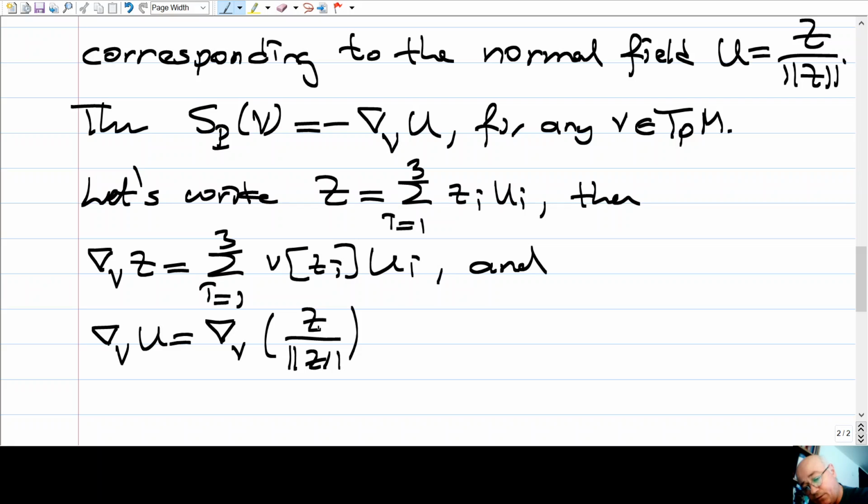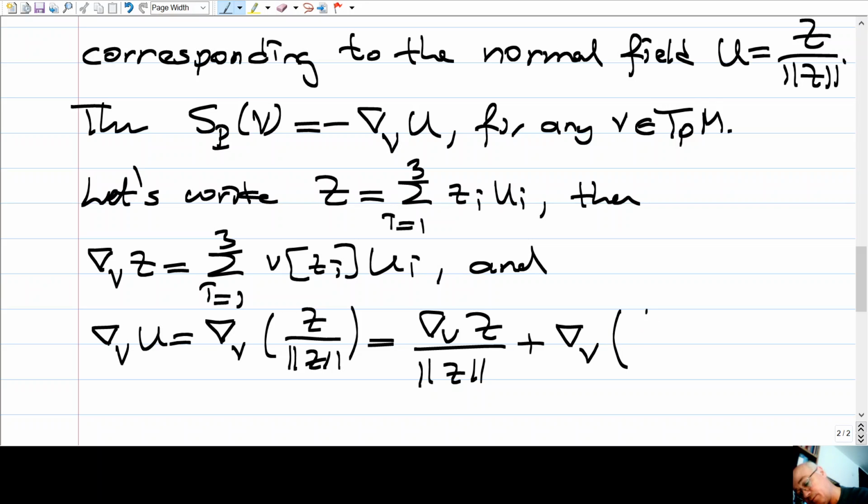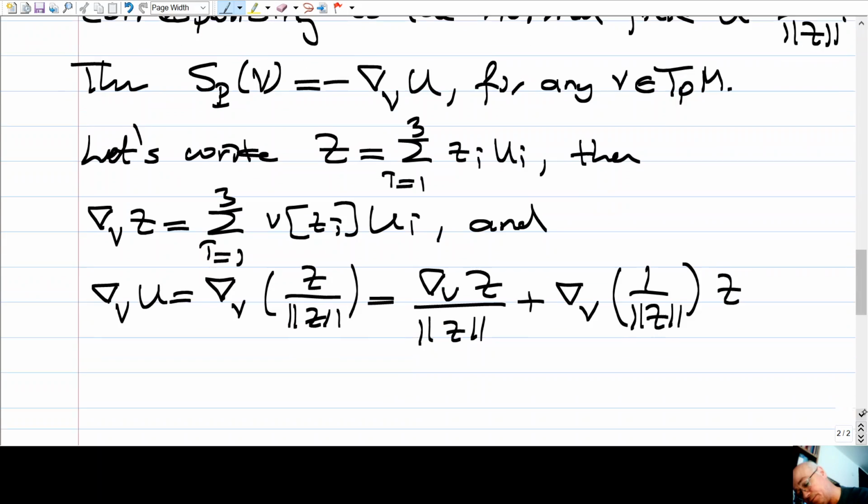So this is the vector field Z multiplied with a function. And whenever we have a vector field multiplied with a function, its covariant derivative obeys the Leibniz rule. So this is just the covariant derivative of Z times the function, plus the derivative of the function times the vector field.